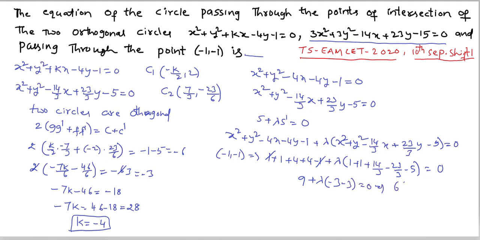From this 6 lambda is equal to 9, lambda is equal to 3 by 2.